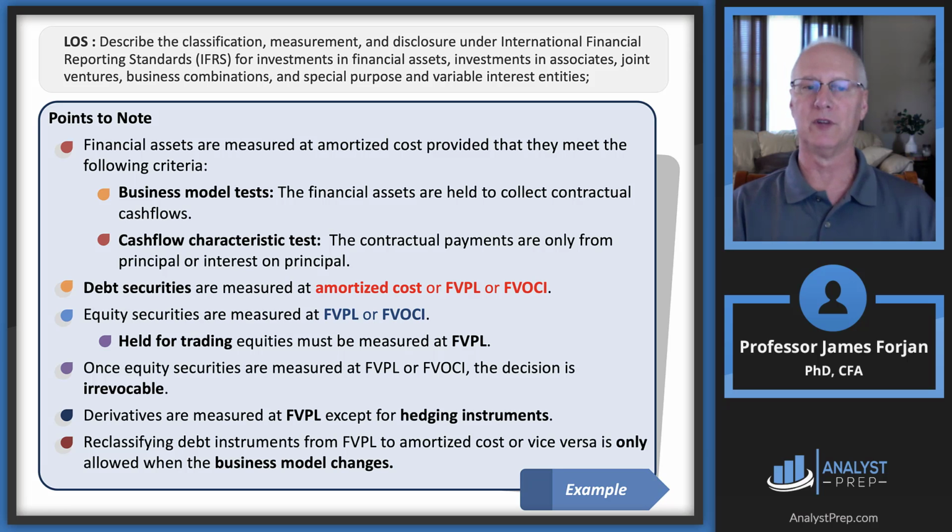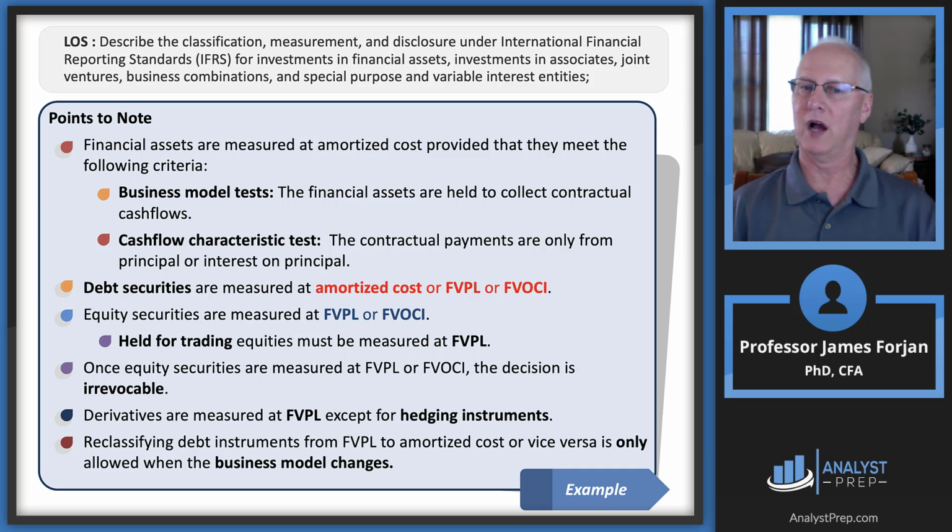So remember this: for debt securities you can choose from among the three. However, most debt securities are going to fall into the amortized cost category. Equity securities, look under those two tests, held to collect contractual cash flows, contractual payments of principal or interest. None of that applies to equity, right? You might get a dividend, but then again, you might not.